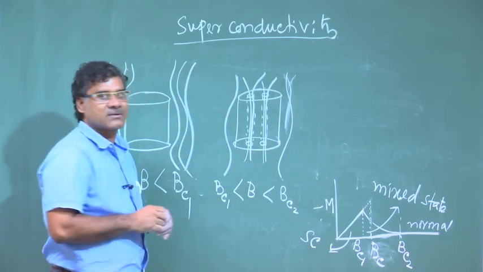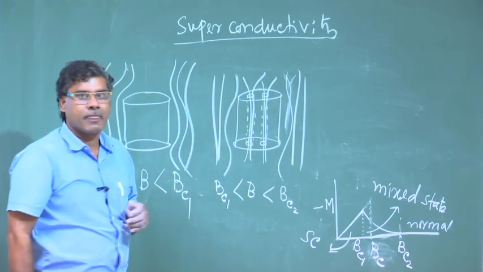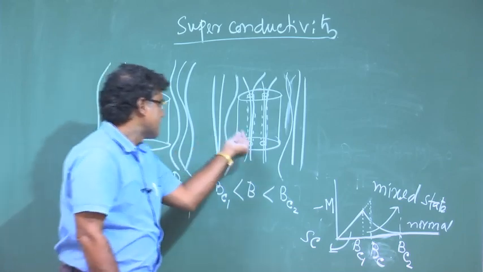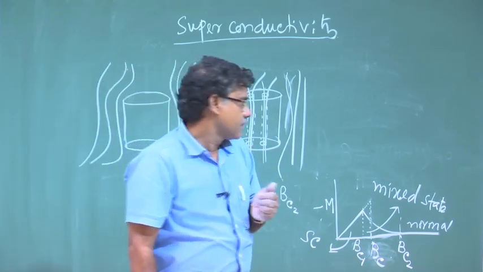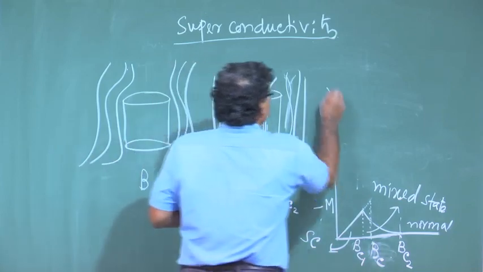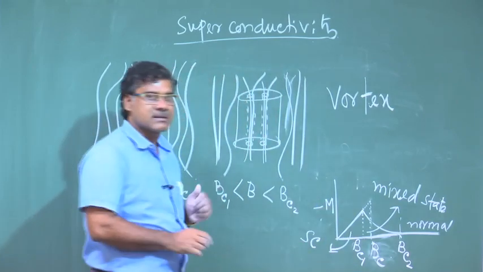Okay, it will pass through this. So, now these are called vortices, these are called vortex.